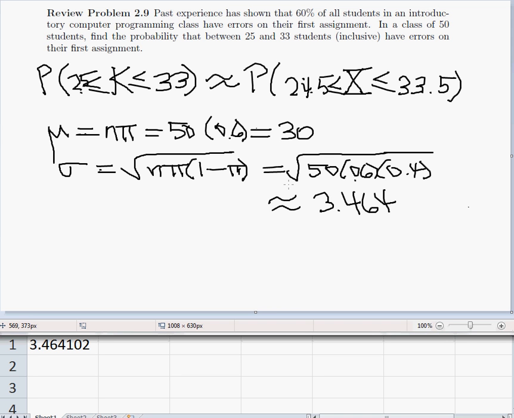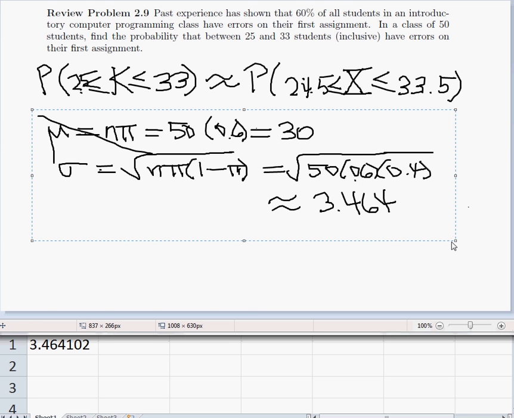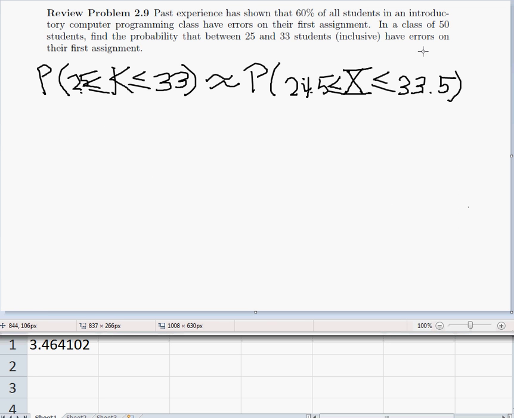Now that I have the mean and the standard deviation, I will use that information to convert the x here into standard units. Using the 30 and the standard deviation of 3.464, this probability involving the bell curve can be converted to something involving a standard normal distribution with a z in the middle.